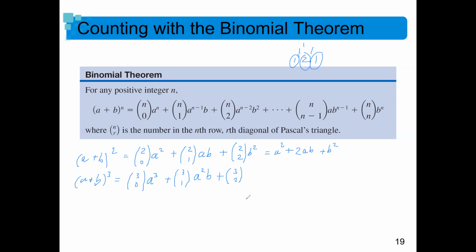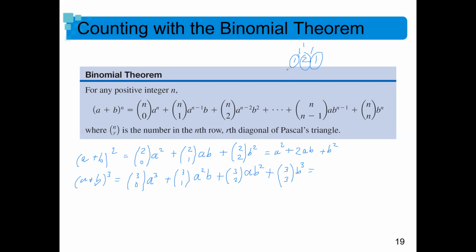That's the third element in the third row of the Pascal's triangle, or the second diagonal. a b squared plus, and the final element, where the third row and the third diagonal intersect, a to the 0, b cubed.